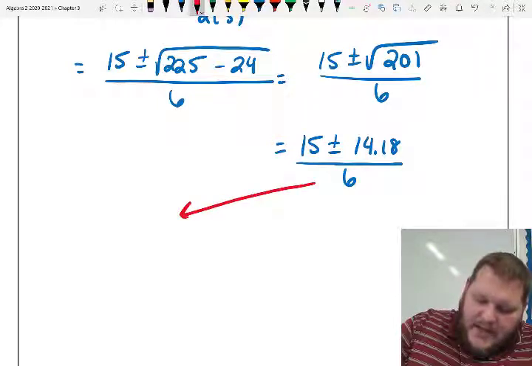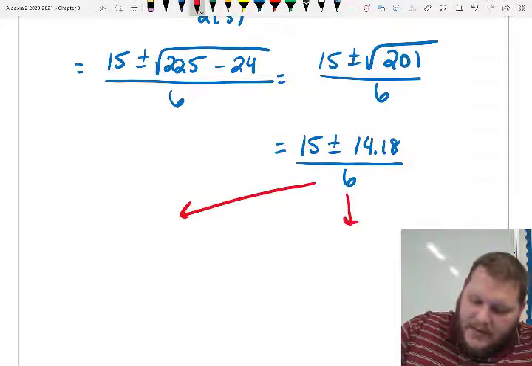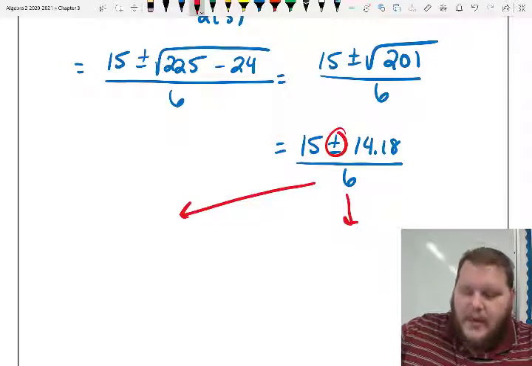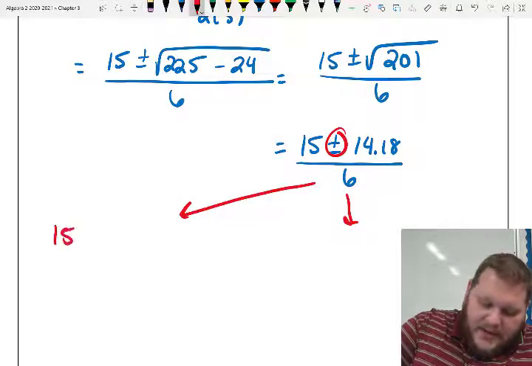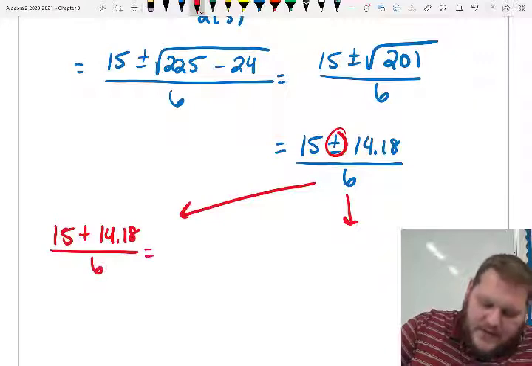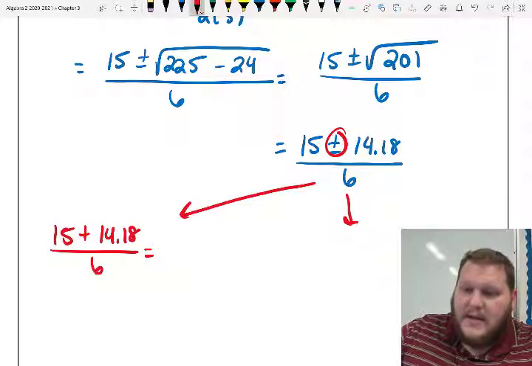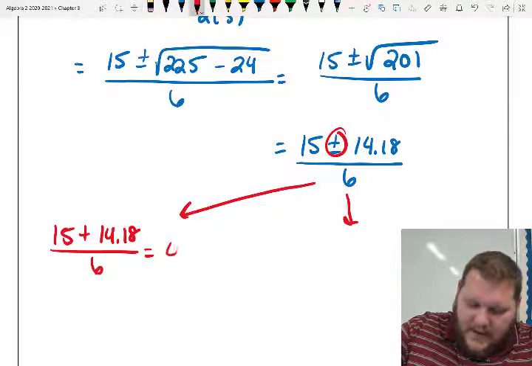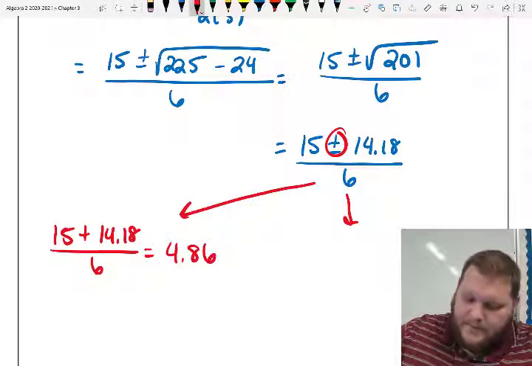Now, I'm going to split this off, and where my 2 solutions come from is this plus or minus symbol. So first I'm going to do 15 plus 14.18 over 6. That's going to be my first solution, which in that case, 15 plus 14.18 is 29.18. Divide that by 6, and we get 4.86.